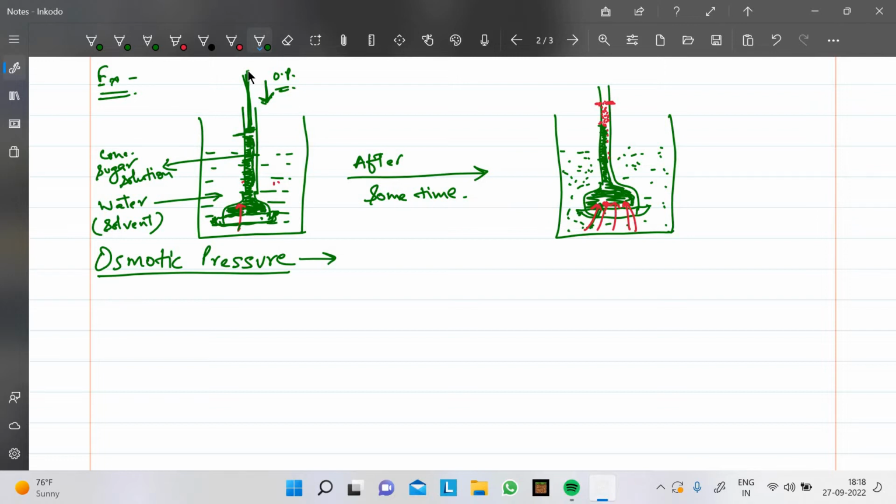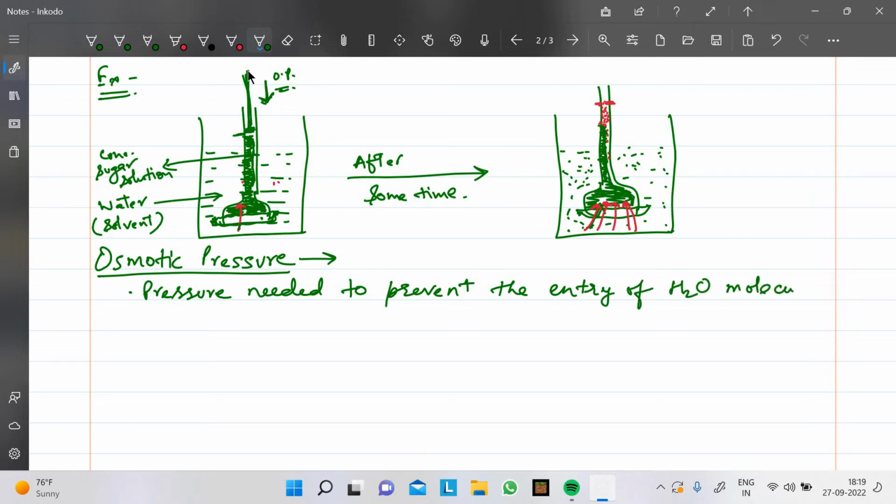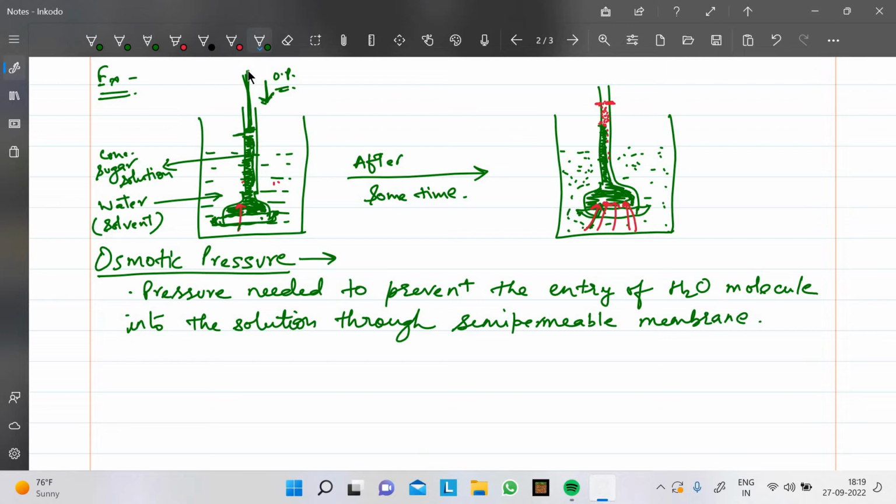How will we define osmotic pressure? It is the pressure needed to prevent the entry of water molecules into the solution through a semi-permeable membrane. That pressure is called osmotic pressure.